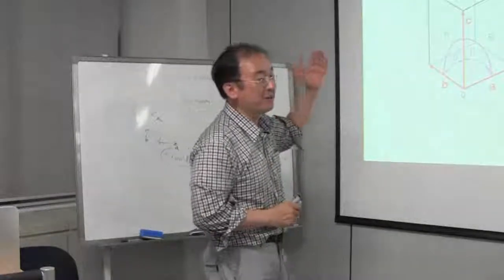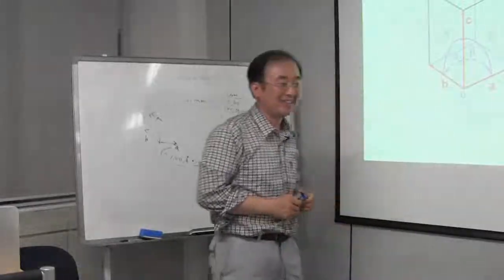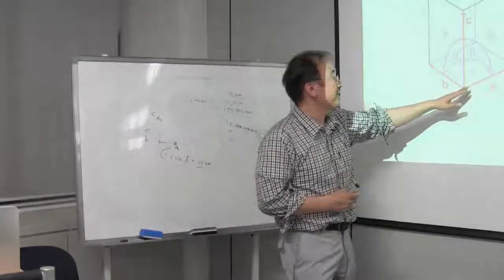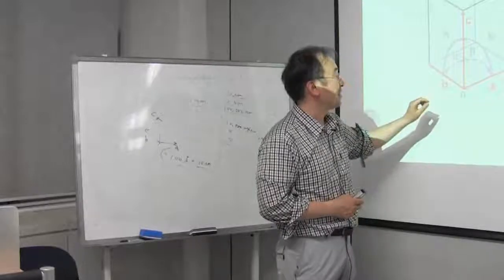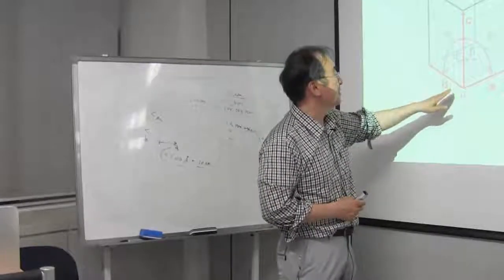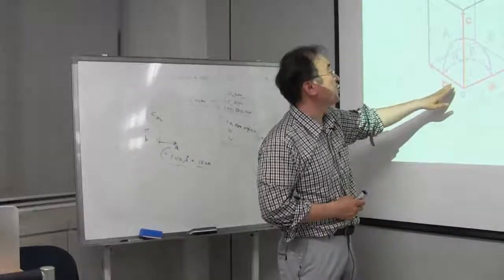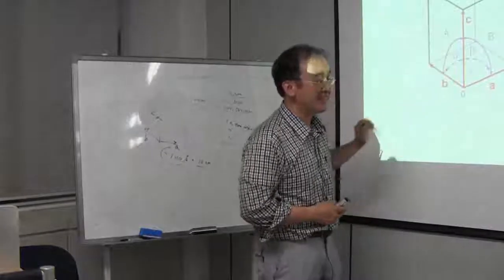So here, now come back to symmetry. What symmetry do we have? To be cubic, A, B, C should be equal, and alpha, beta, gamma should be 90 degrees. Here, by accident, they are drawn like a cube, but they are not really. This is not really cubic.